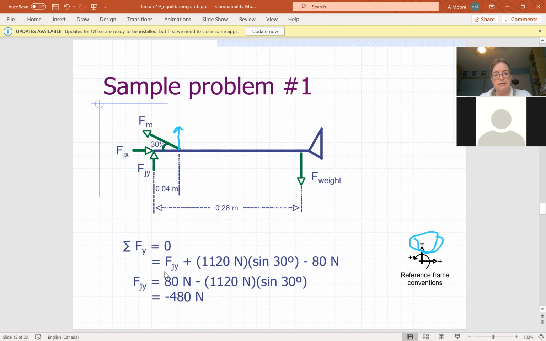So when I put it into this equation of motion, I'm going to put a positive in front of this joint force, it's implied. I'm going to put a positive in front of the muscle component because it's pointing up. And then I'm going to put a negative in front of the 80 because it's pointing down, which I would consider from my reference frame to be negative. Okay, that makes sense.